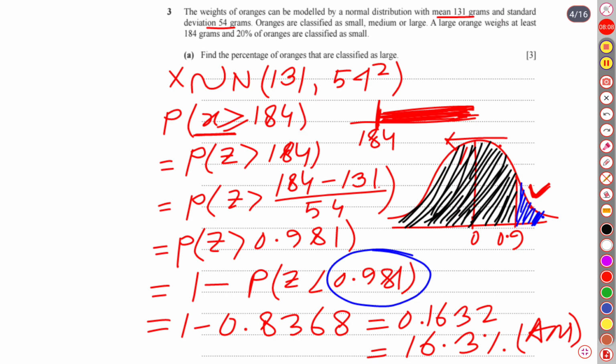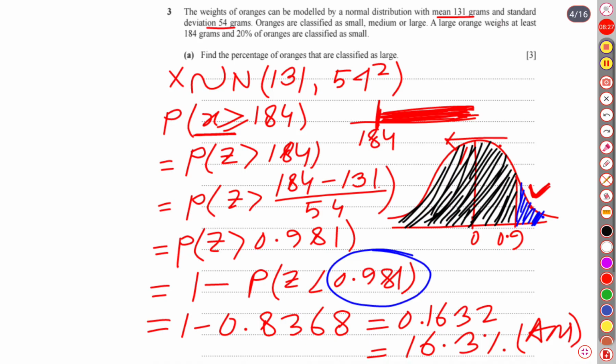But some students find it comfortable using the hard copy of the normal distribution graph. That's why I'm going to show how to find the corresponding probability for a particular z-score.